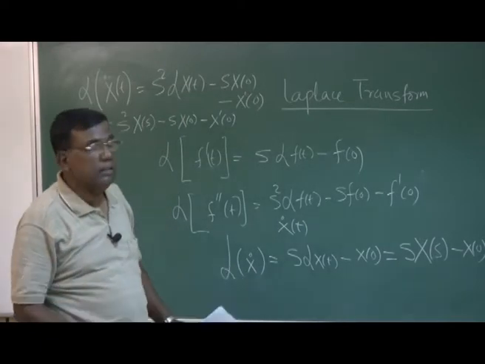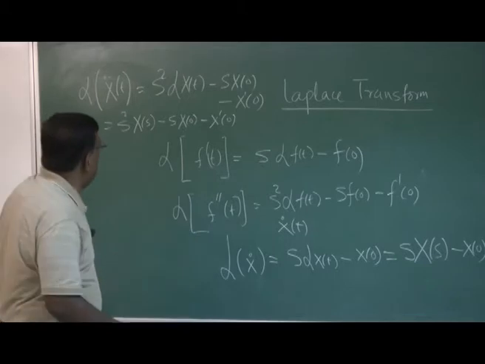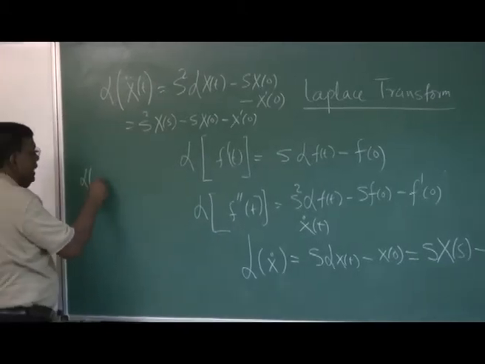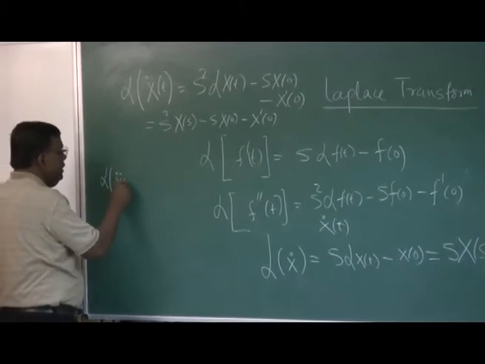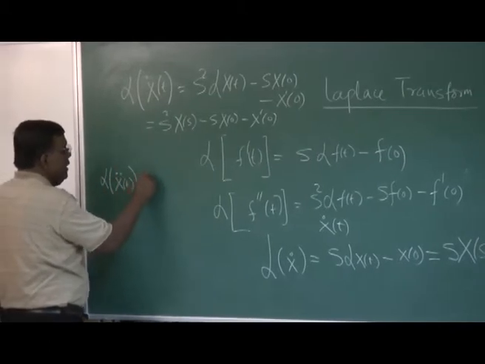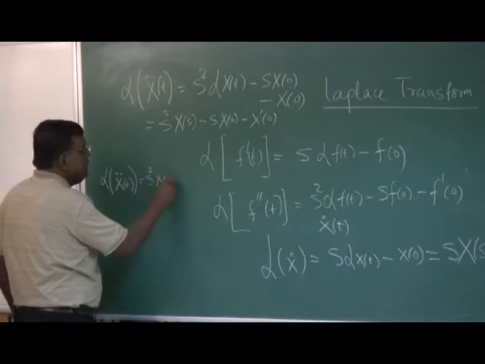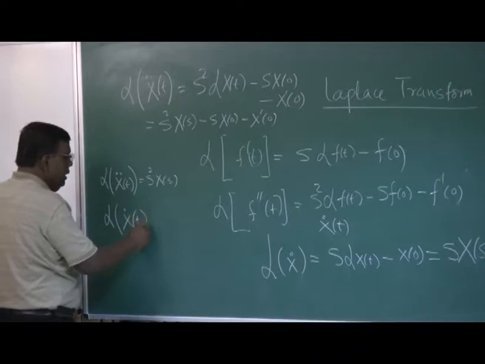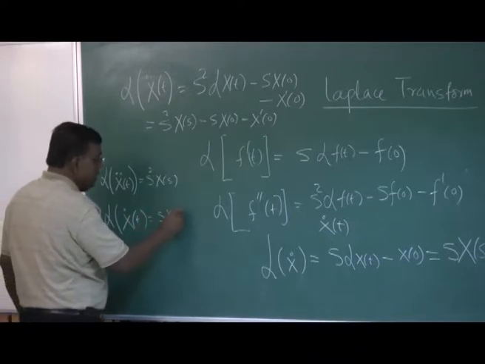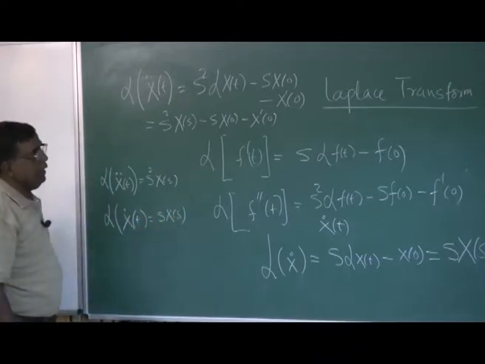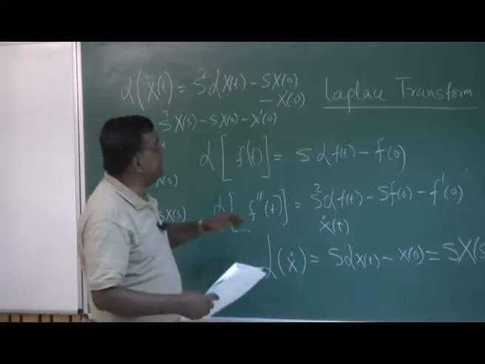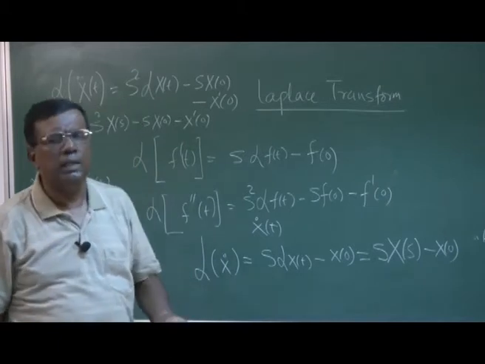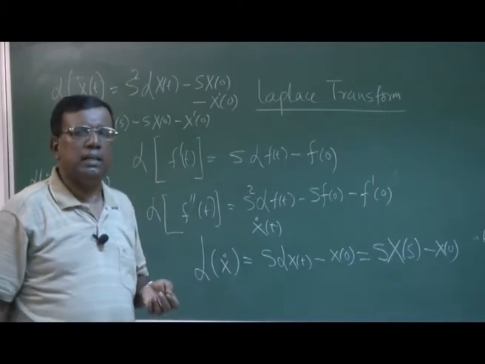Since we are talking about a linear system, small perturbation, I can always approximately write Laplace of x double dot t equal to s square x of s, Laplace of x dot t is equal to s x of s. Right? Please understand, I have taken these initial conditions to be 0 because as far as stability is concerned for a linear system, it doesn't matter what the initial condition is.